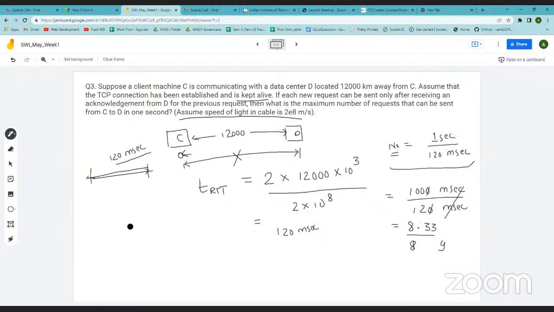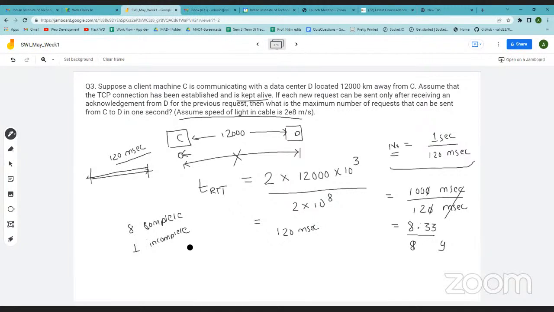Now what I can say is I have done 8 complete requests and 1 incomplete request, because 0.33 of a request is not a complete request.